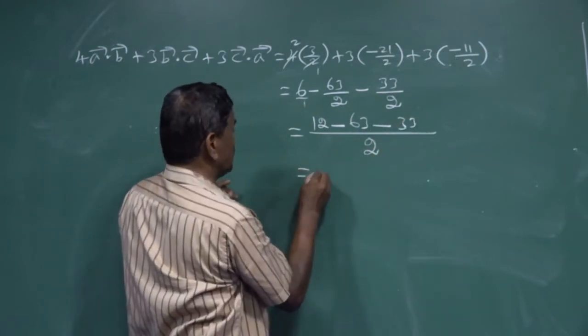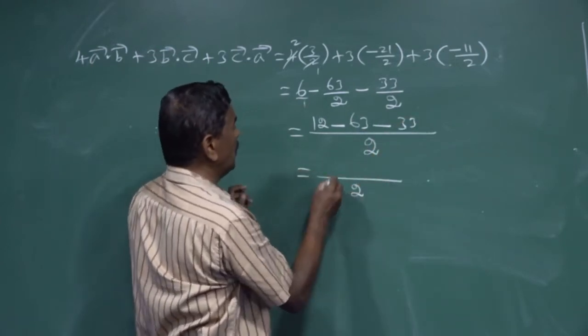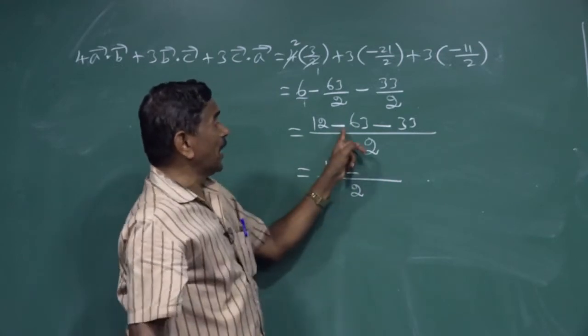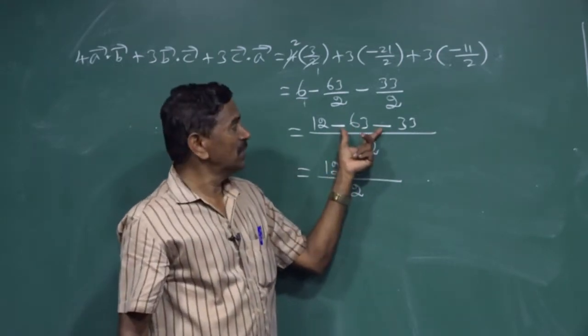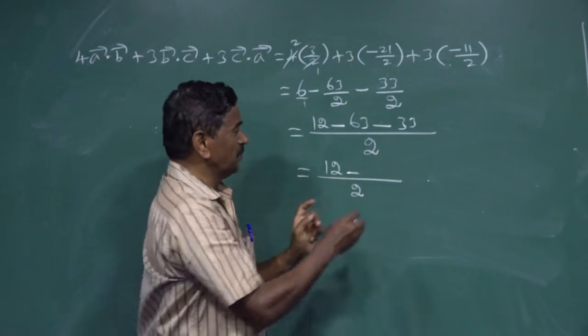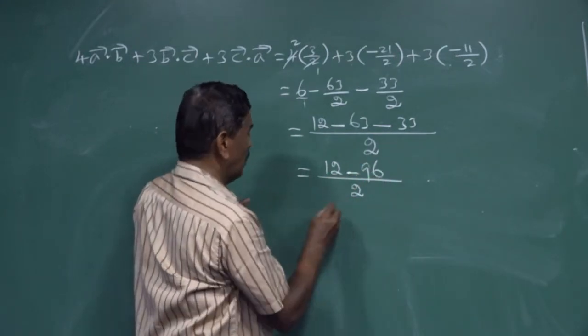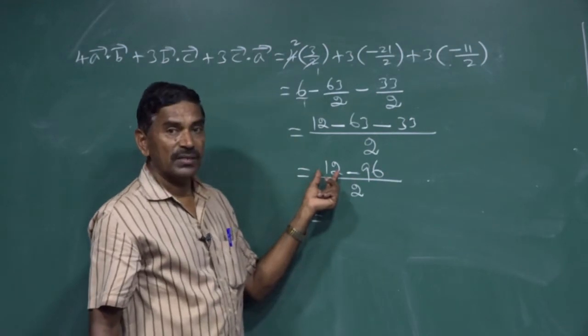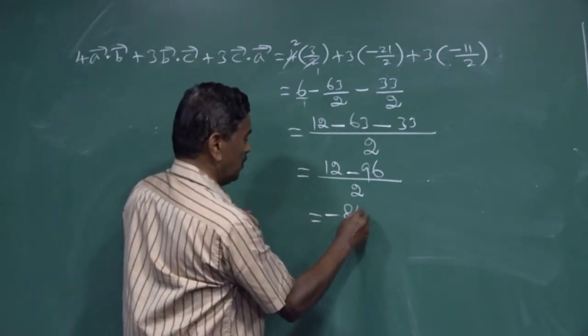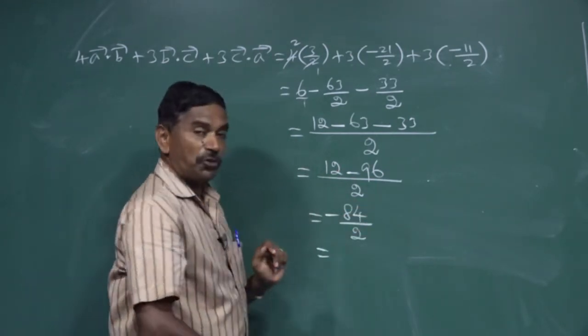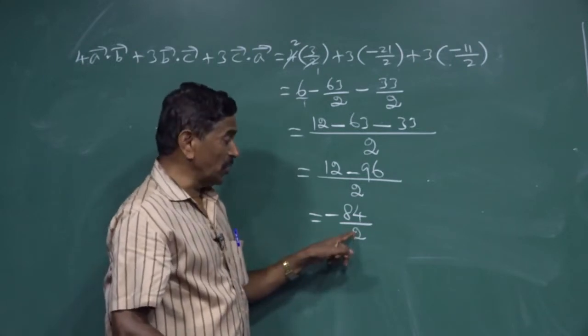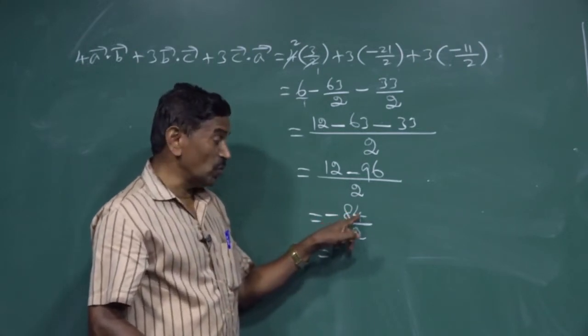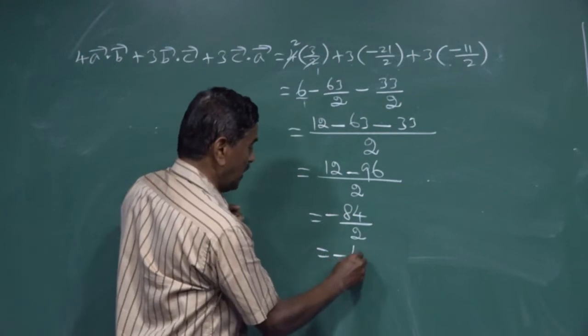Now simplification, which is equal to fully divided by 2. Now 12. Here negative, negative. What is the addition? Yes, 96, so minus 96. Subtract, which is equal to 96 minus 12, equal to minus 84 by 2. Minus 84 by 2: 1 2 is 2, 4 2s are 8, 2 2s are 4, therefore minus 42.